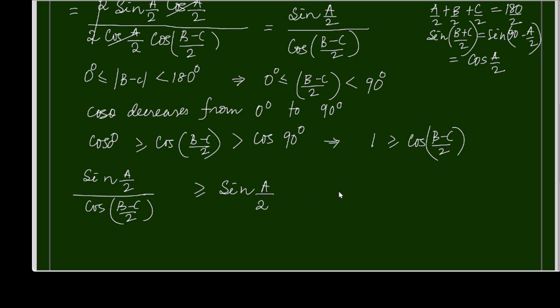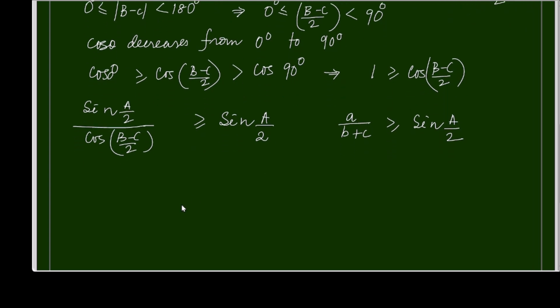So what was this? This was A over B plus C is greater than or equal to sine A by 2. We have proved this.